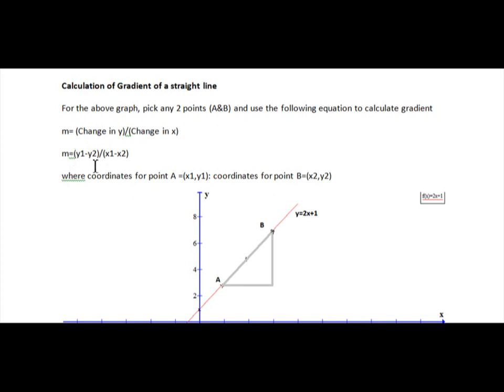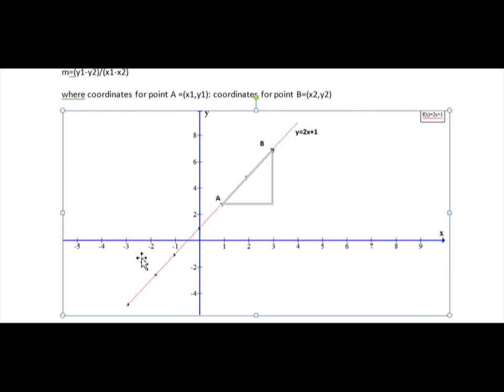If you named the points x1, y1 and x2, y2 in coordinate form, your gradient M will become y1 minus y2, which is the corresponding values of y for point A and B, divided by x1 minus x2, where coordinates for point A are x1, y1, for point B, x2, y2.